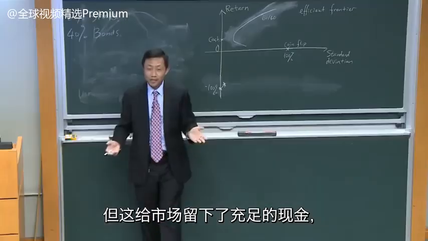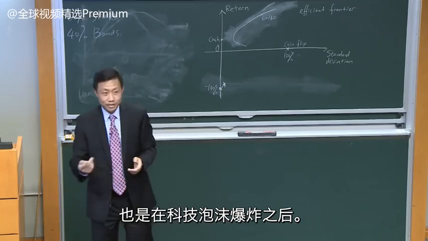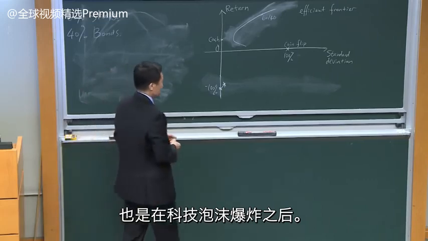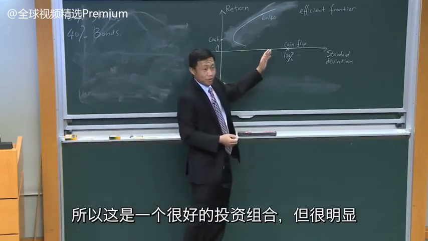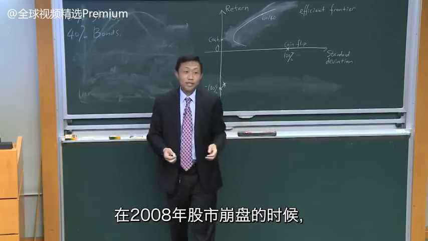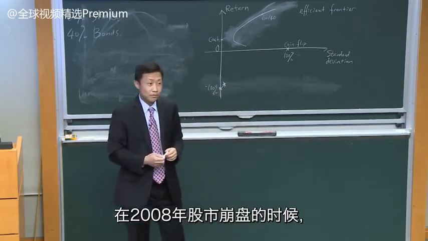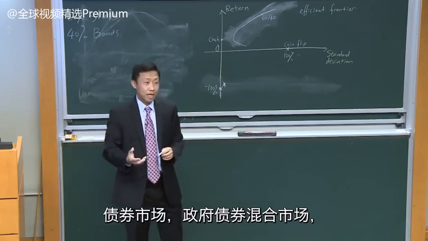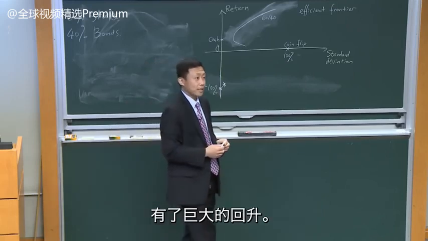But that left the market with plenty of cash, and also the tech bubble burst. So that was a good portfolio, but then in 2008, when the equity market crashed, the high-grade government bond market had a huge rally.